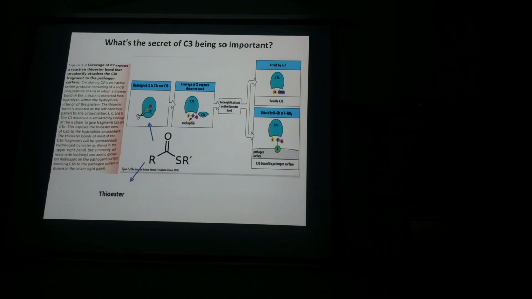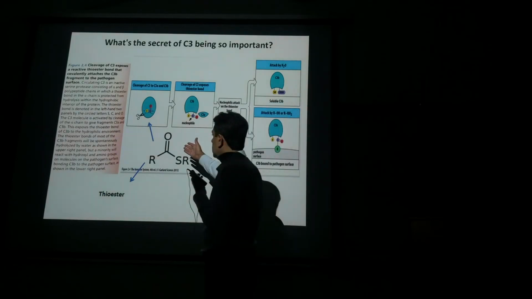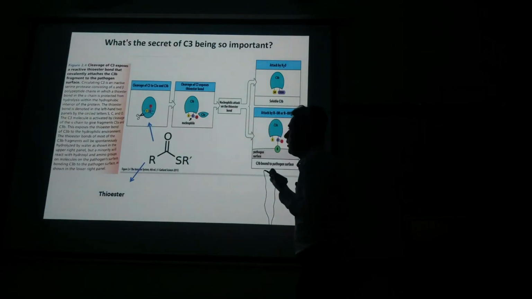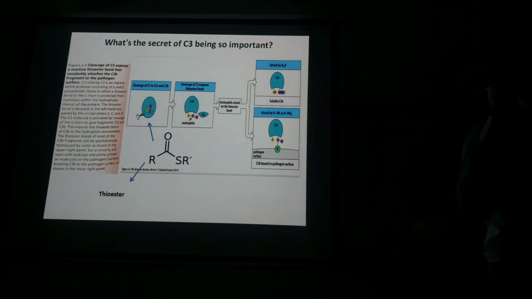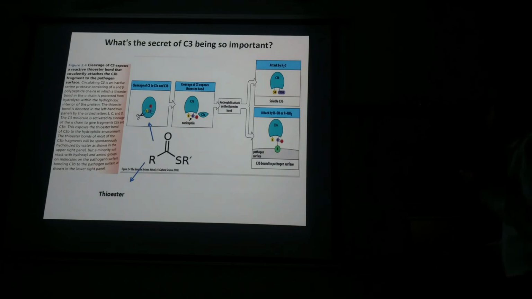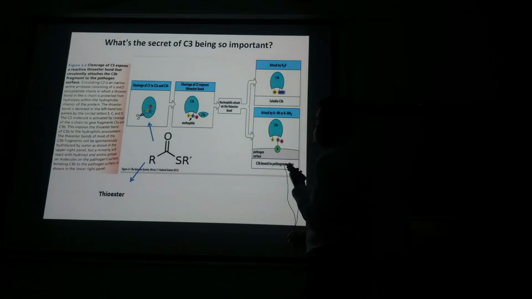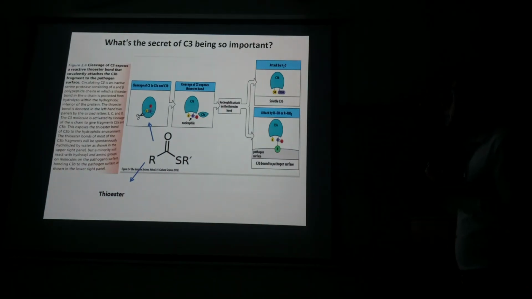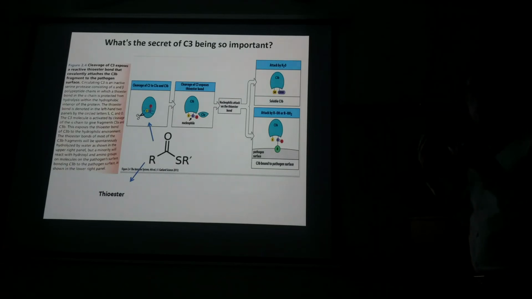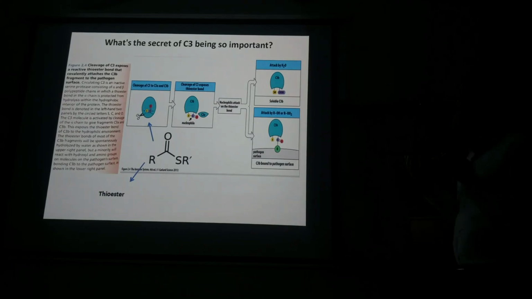Okay. Now, what is the thioester linkage actually? You can see that this is the linkage of carbon with oxygen having a double bond, and a sulfur. Okay. You can say that these are some kind of organic sulfur compounds that have this kind of linkage. So what is the significance now that this thioester linkage has been exposed when C3 is cut into two pieces?